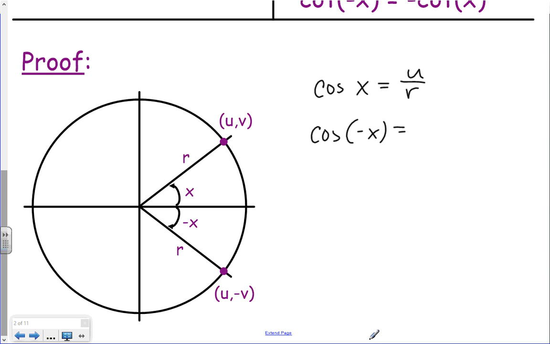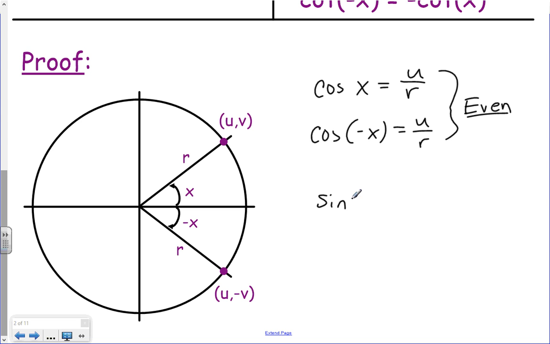And the cosine of the opposite of x is equal to still u over r. So notice that we get the exact same thing. So since the cosine of x is the same as the cosine of the opposite of x, this is exactly what it means to be an even function. So cosine is even.